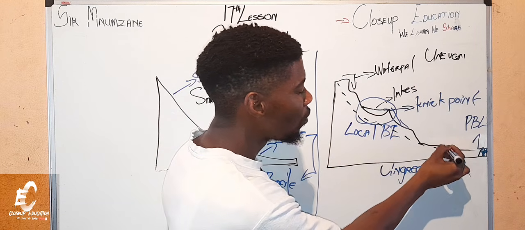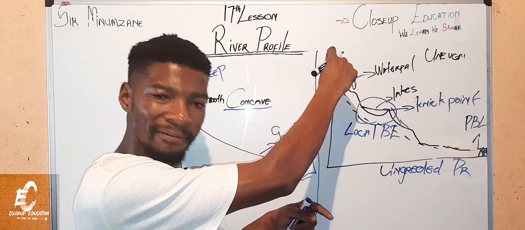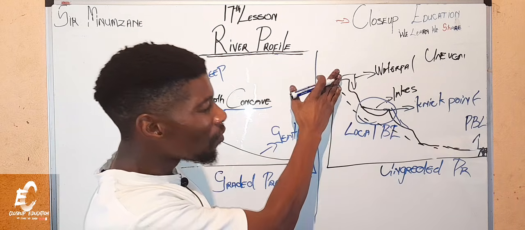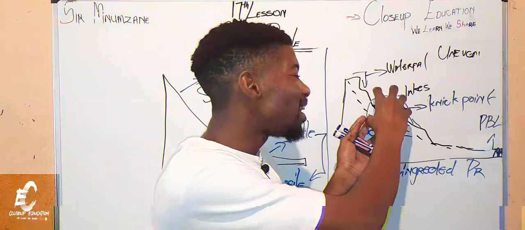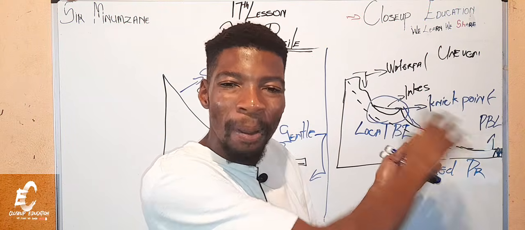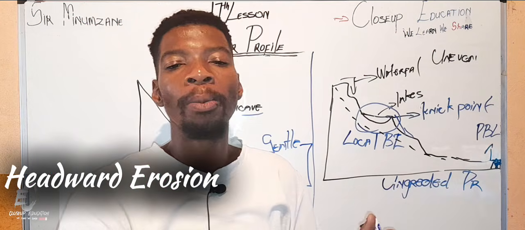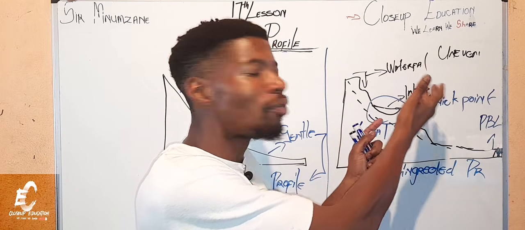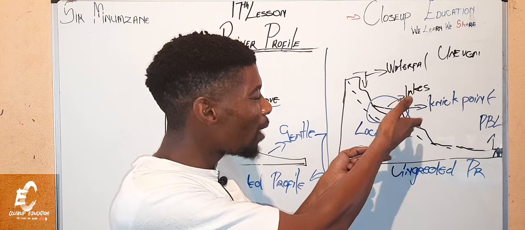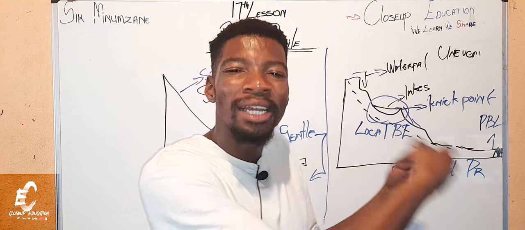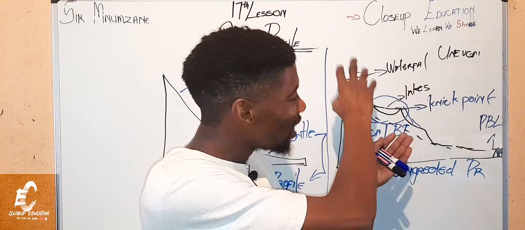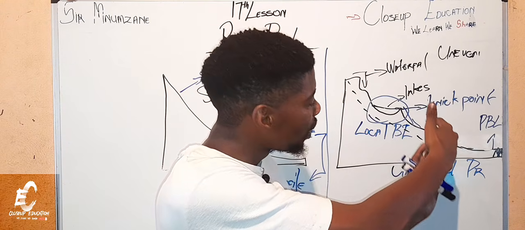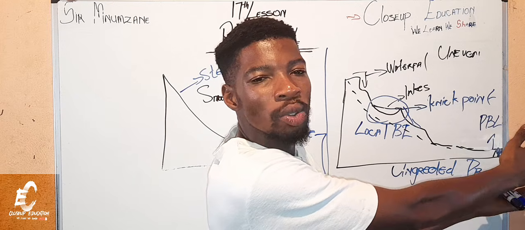Between the upper course and the middle course, headward erosion will occur, which will remove fluvial landforms such as waterfalls, lakes, local base levels, dams and rapids. Then the deposition of soil will be into the lower course.